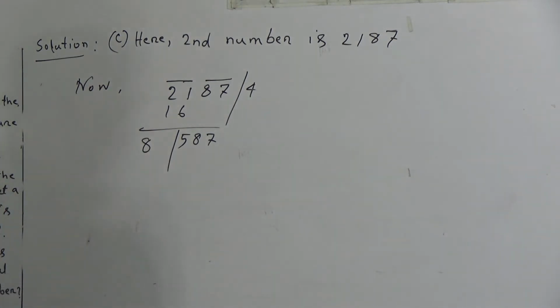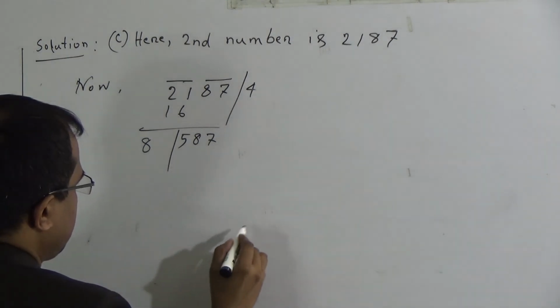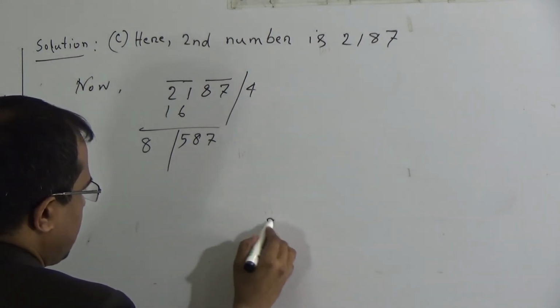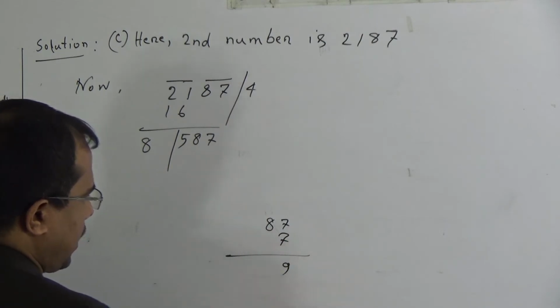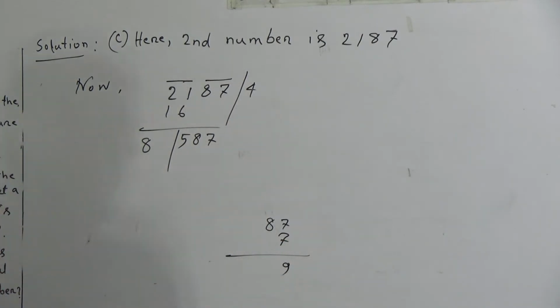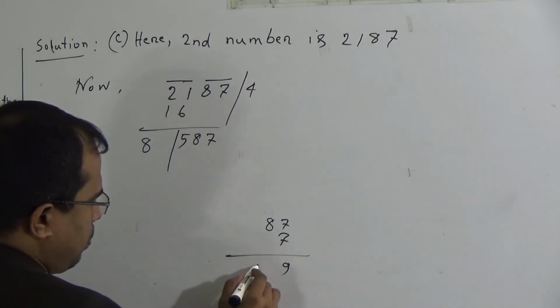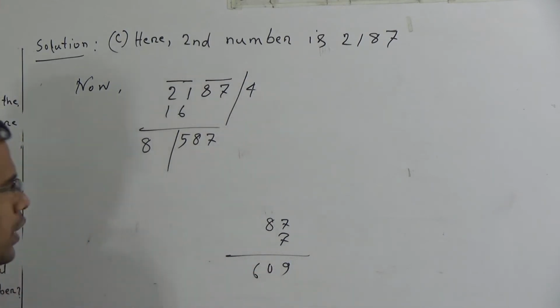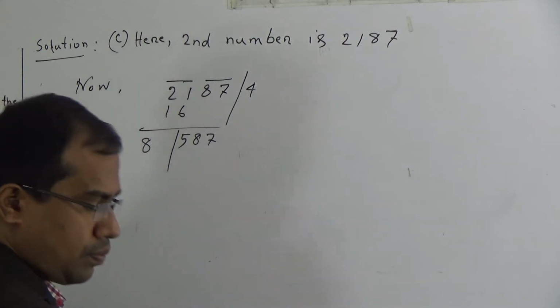Now if we take 7 with 87, then what will be the number? 7 7s are 49, 9 carrying 4, and 8 7s are 56. 56 plus 4 equal to 60, which is greater. So we cannot take 7, we have to take 6.